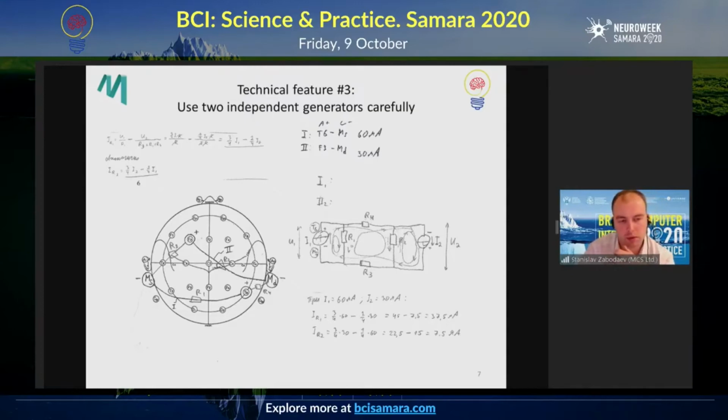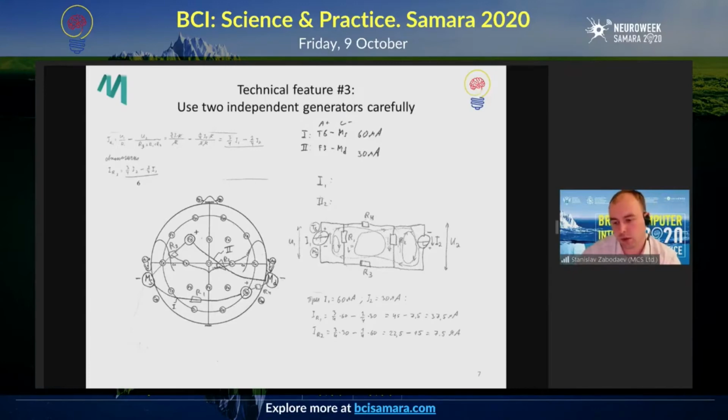The researchers wanted to stimulate an area of the brain located under the F3 electrode using the 10-20 system with a contralateral localization of the cathode. The second generator was to be placed under the T6 electrode on the contralateral side.